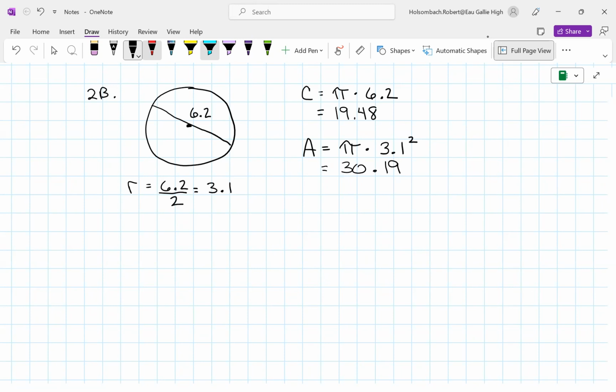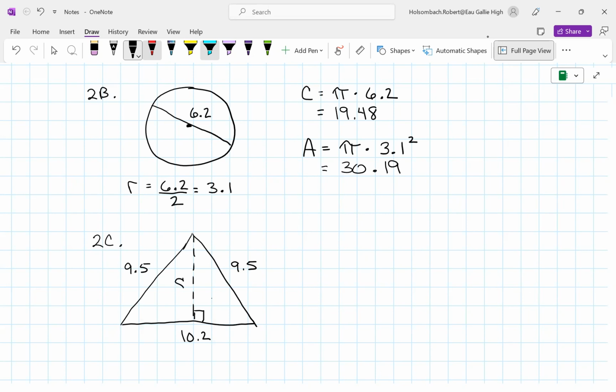And then down there on the bottom, we've got that triangle. We're going to find the perimeter and the area of this triangle. We've got a 9.5, a 9.5, a 10.2, and then we got this dashed line going down the middle of the triangle that's perpendicular to the base.